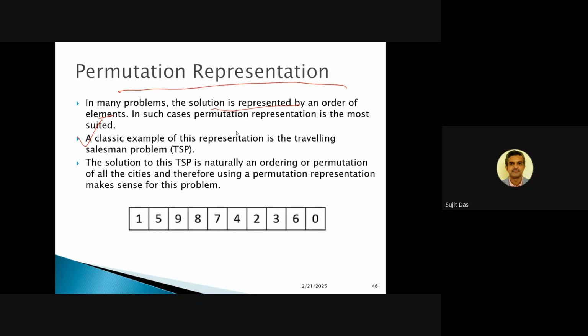So it is a sequence of cities where none of the cities are repeated except the initial city. Obviously, for this kind of problem, we can use this permutation representation. Here these are the cities 1, 5, 9. Can you tell me if any cities are repeated here? None of the cities are repeated. If cities are repeated, that is not a TSP problem.